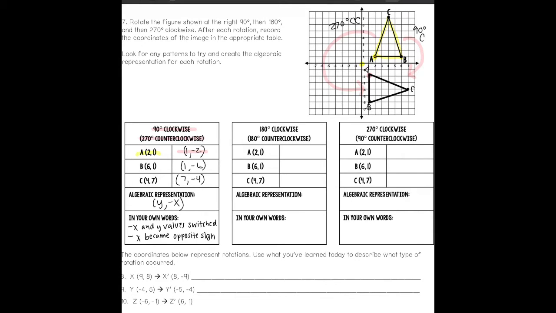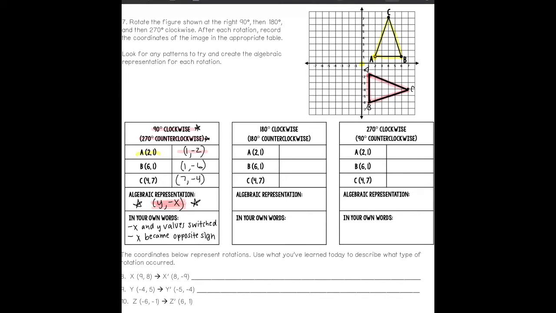So no matter if we rotate it 90 degrees clockwise or 270 degrees counterclockwise, you end up in the same position, so you can use the same algebraic representation. So I'm going to highlight that in pink, then I'm going to erase this stuff here, and I'm going to highlight my triangle in pink. So the algebraic representation for that one is the one in pink.